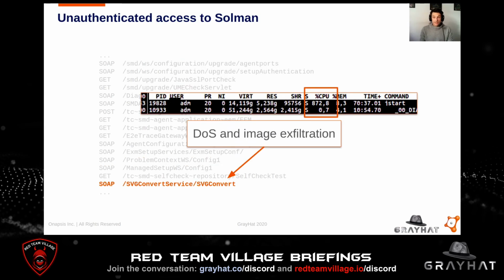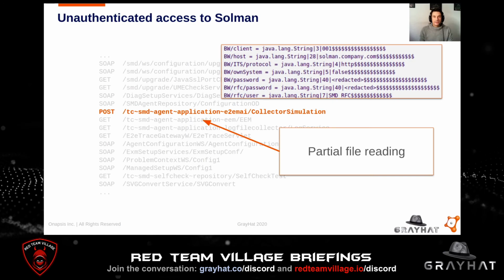Part 2 also found this one on the SVG convert. He found a way to download images, but also to perform a denial of service by CPU consumption. And I also found this little one. Basically, we found a way without authentication to grep on files, so it could be efficient if you want to retrieve a configuration file, for example.